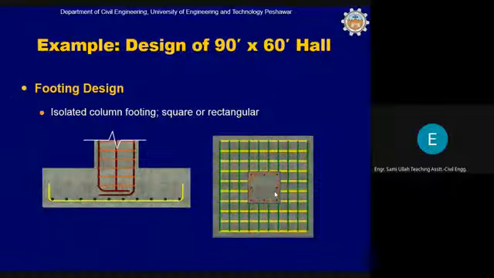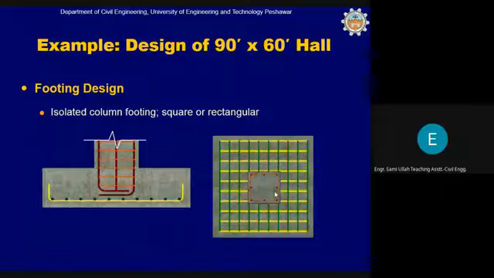First of all, the given data to us is a column 18 by 18 inch. We have a concrete strength of 3 ksi to be used in the footing. Fy grade 40 steel will be used, and the allowable bearing capacity is 2.204 k per square foot, which would ideally be given to us from a geotechnical report.